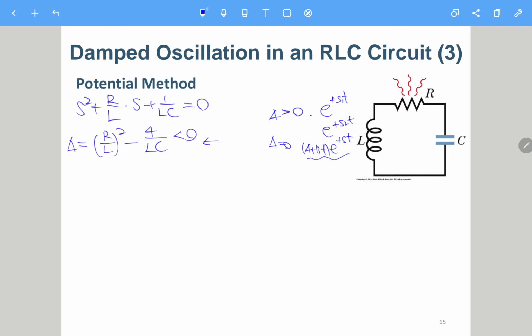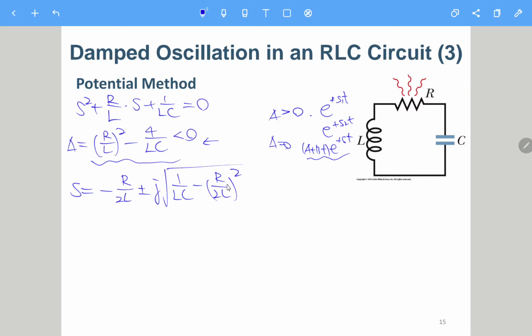So in this case, suppose delta is smaller than 0, we know that s is negative R over 2L plus or minus j, and then square root of 1 over LC minus (R over 2L) squared. Okay, so this is just the high school mathematics for the quadratic equation: negative b plus or minus square root of b squared minus 4ac all over 2a.